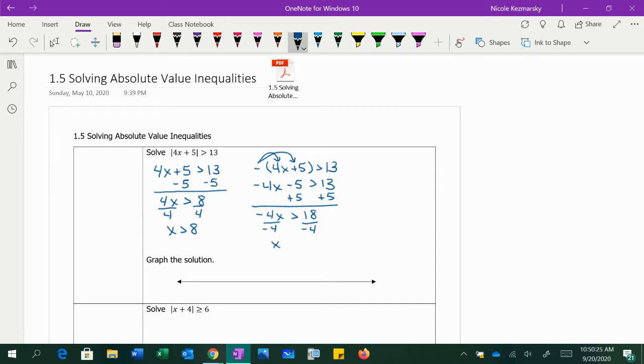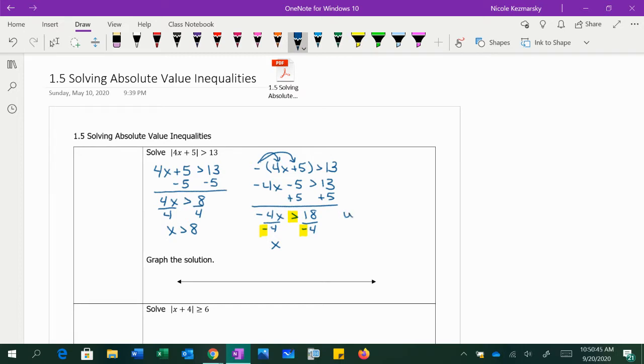And then I have to remember something from Algebra 1. When I divide inequalities by a negative number, so I have a negative number here, I have to remember to take this inequality that I have and reverse it. Okay, so I'm going to flip it.